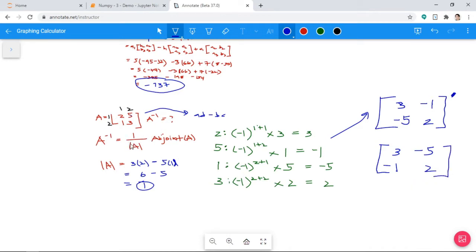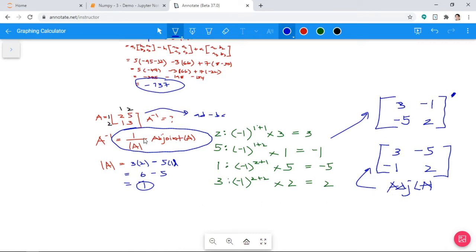Remember the transposition of a matrix is this one. So we're not done yet. This is the adjoint. So this is the adjoint of A, the transpose of our cofactors.